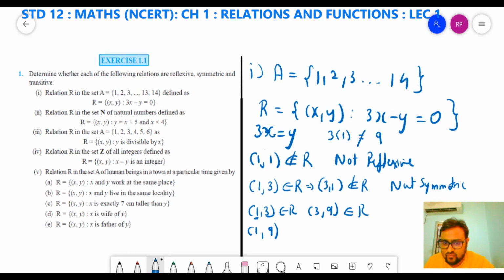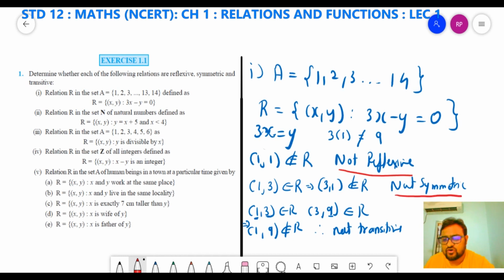No. Therefore, this does not belong to R. See, (1, 3) belongs to R, (3, 9) belongs to R, but (1, 9) does not belong to R. Therefore, it is not transitive. So question number one, the relation is not reflexive, not symmetric, and also not transitive. Yeah, just note it down.